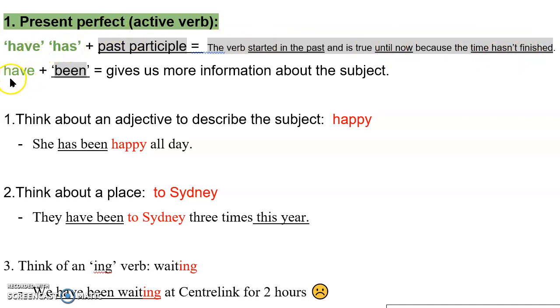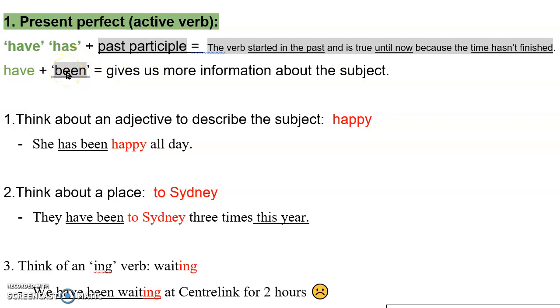When we use the present perfect have plus the past participle been, this gives us more information about the subject. So remember, the verb to be gives us more information about the subject. Doesn't matter if it's simple tense, past tense, and even present perfect. The verb to be gives us more information about the subject.